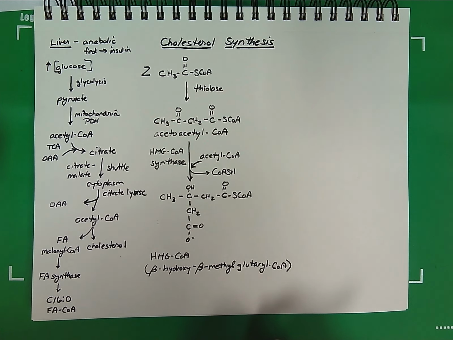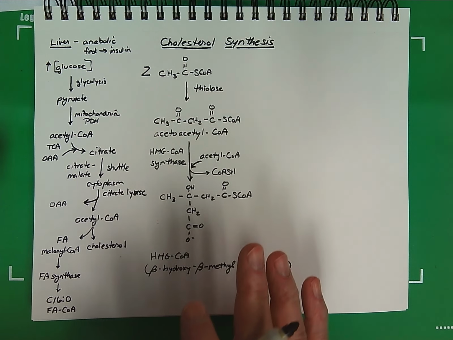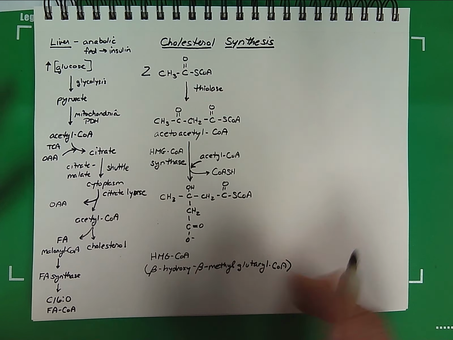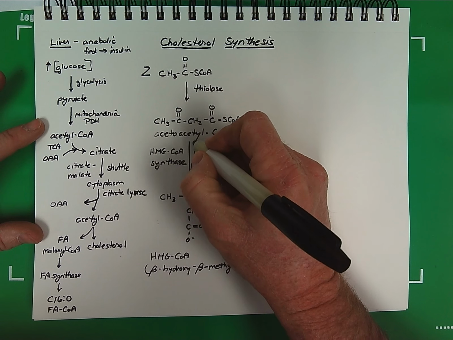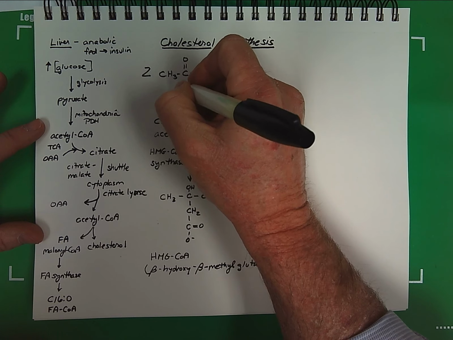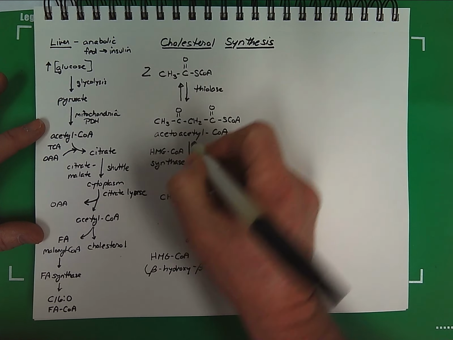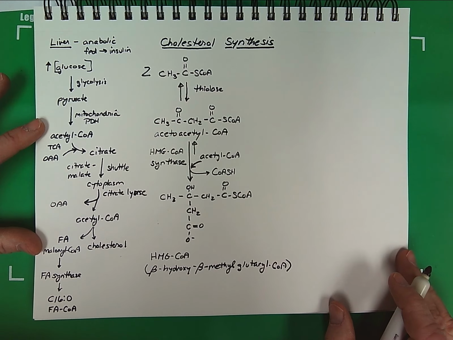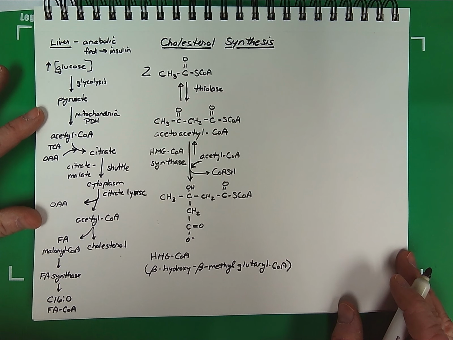Now it's important to note that up to this point, all of these reactions are fully reversible. And this has a very important consequence when we talk about regulation of cholesterol synthesis and drug intervention for controlling cholesterol synthesis.